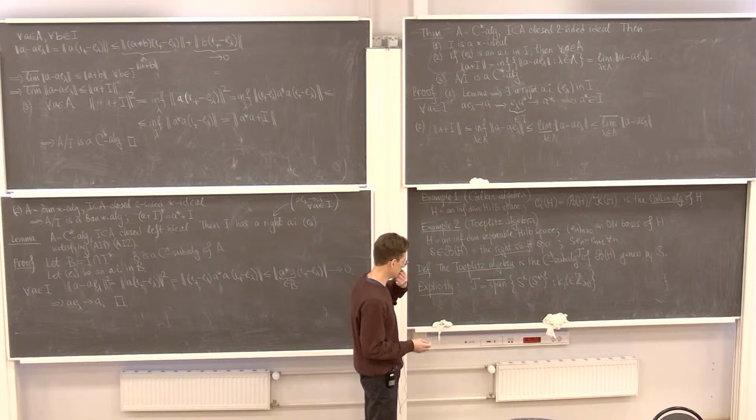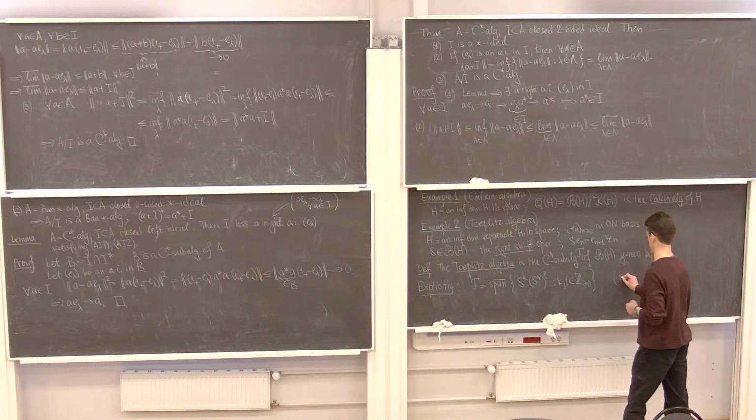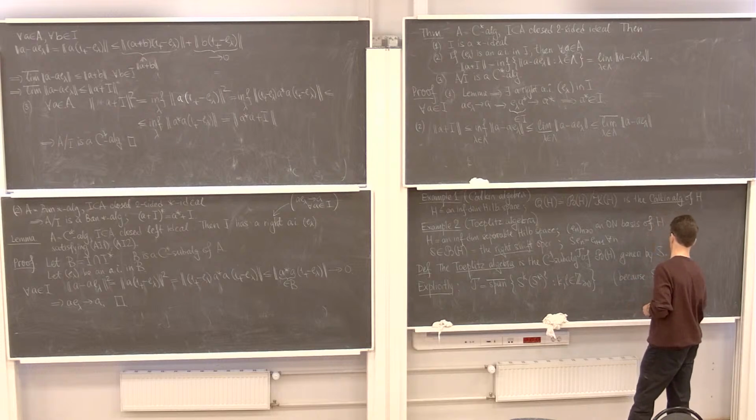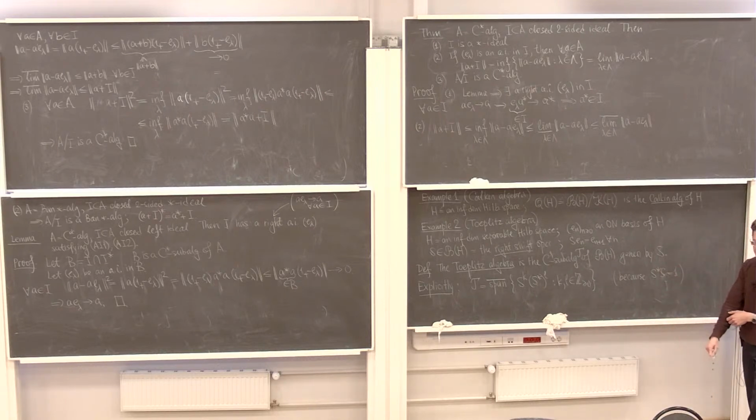Well, why is it so? This is true because it's very easy to check that S star S is the identity map. In fact, this equality is equivalent to the fact that S is an isometry. It preserves the norm. So this product is 1.